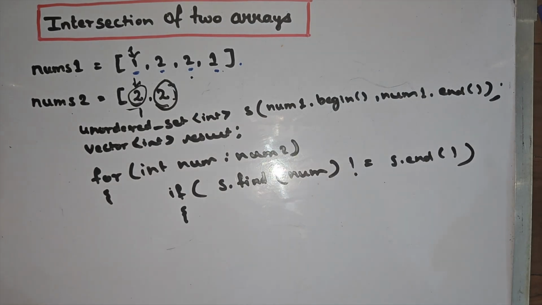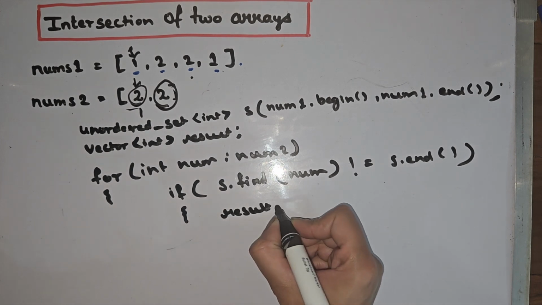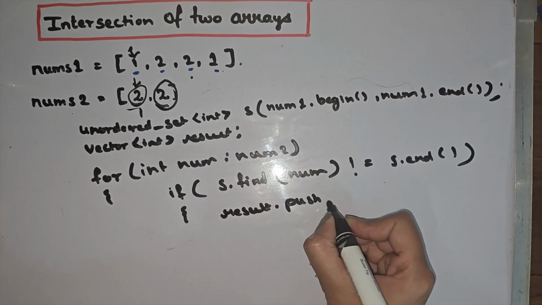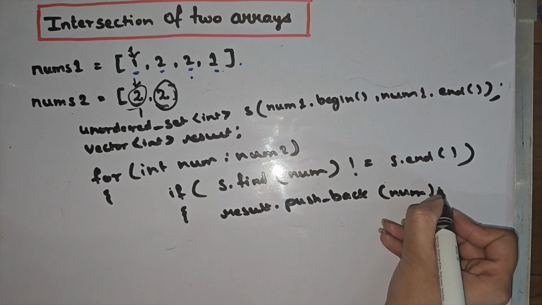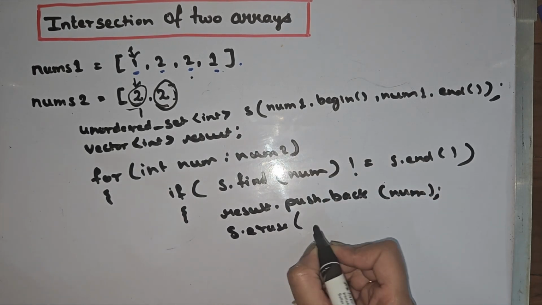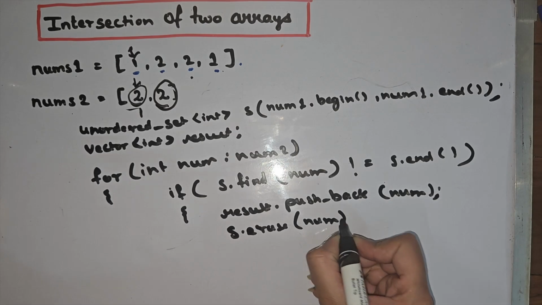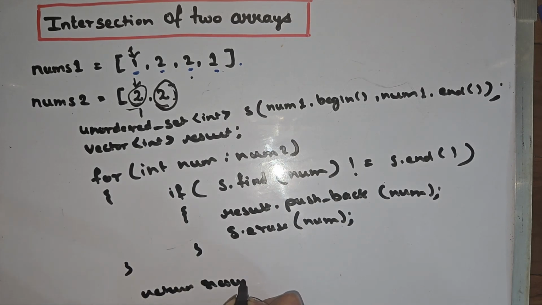If the set has this element, in that case, in the result we will add this element, and we will erase this element from this set. At last, we will return the result.